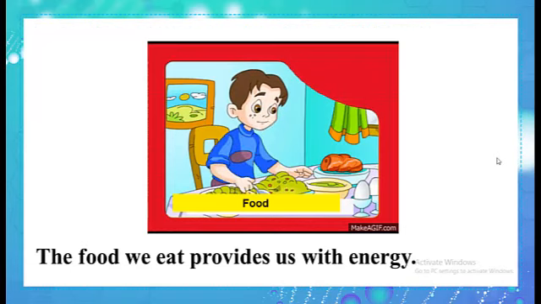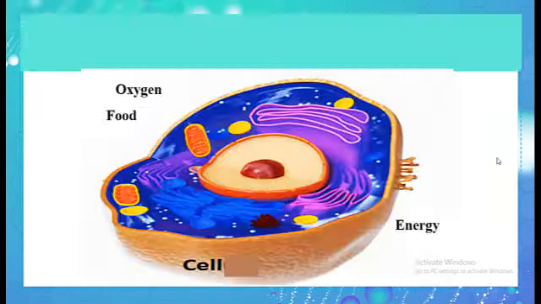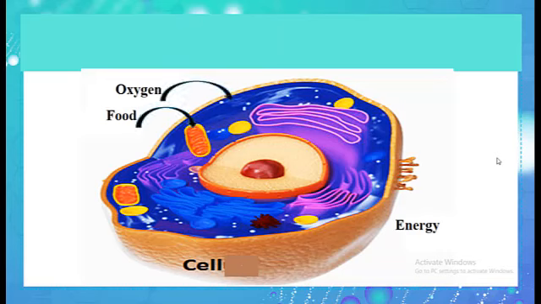So the food we eat provides us with energy. The production of energy takes place inside every cell of our body. Each cell uses O2 from respiration and food from nutrients to produce energy, which is necessary for any action done by any organism.